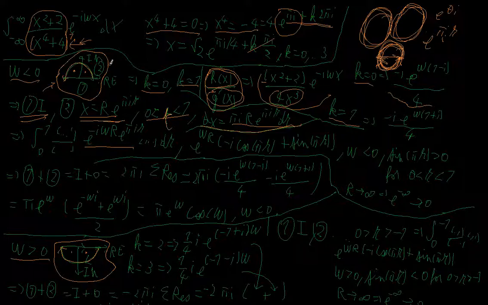We want to prove that the second part, the part along the circular arc, be it in the upper or lower half plane, vanishes as our radius r tends toward infinity.